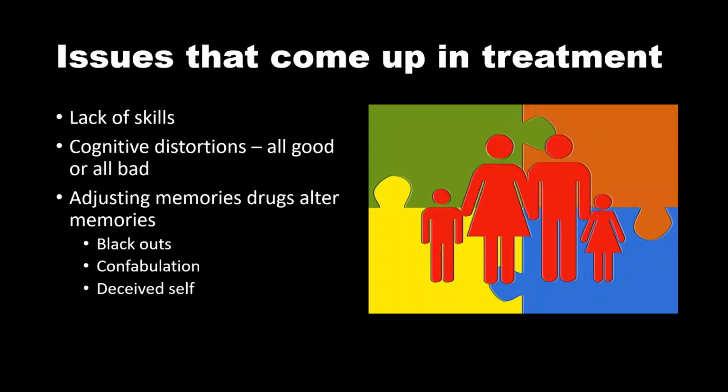Also, memories may be significantly distorted as a result of drug and alcohol use, and so there is a need to go back and look at those memories and adjust them. People may have been in blackouts from alcohol and may have times where they have no memory, despite the fact that other people remember what they did.